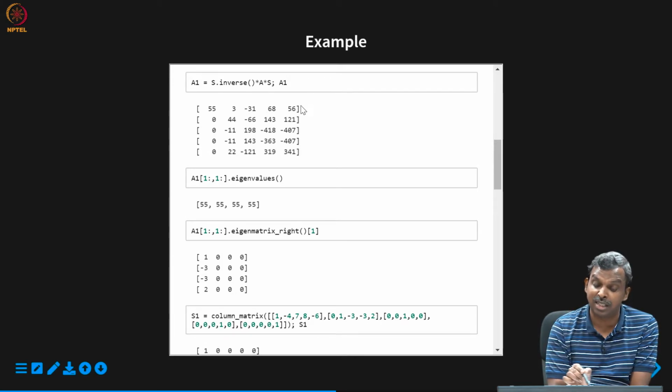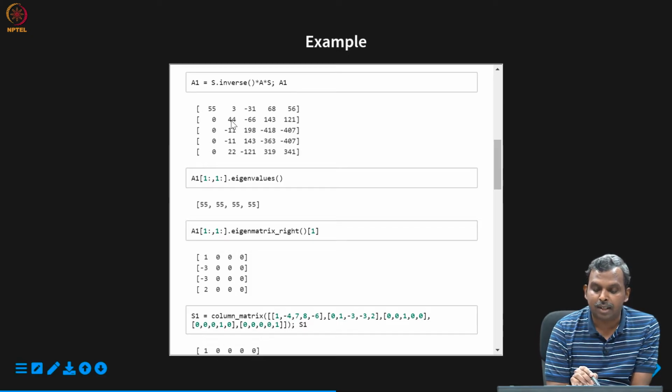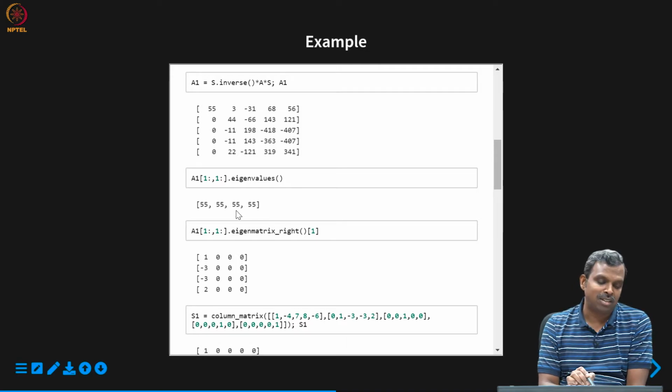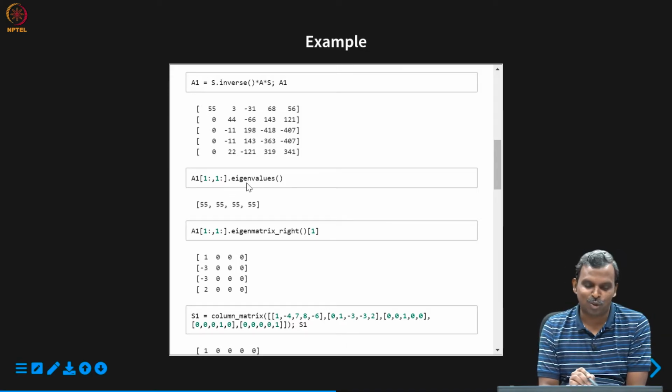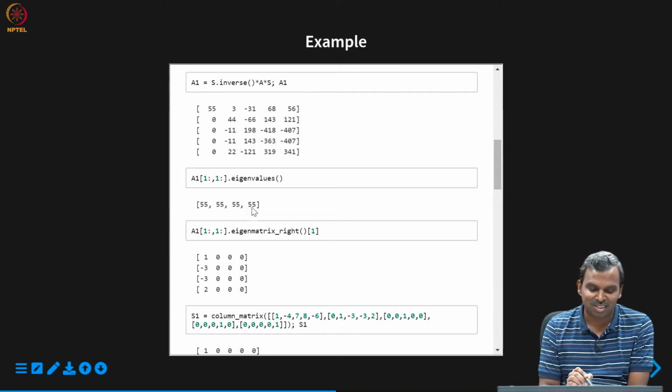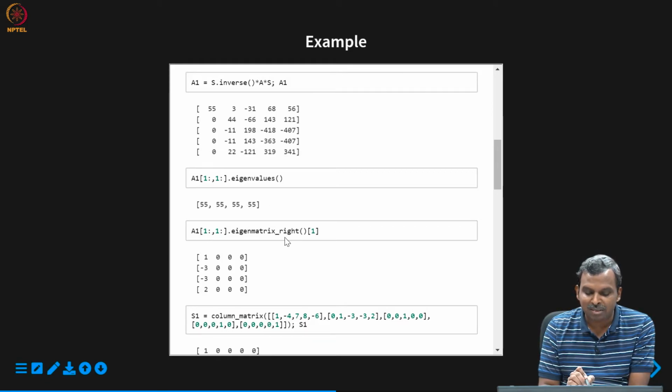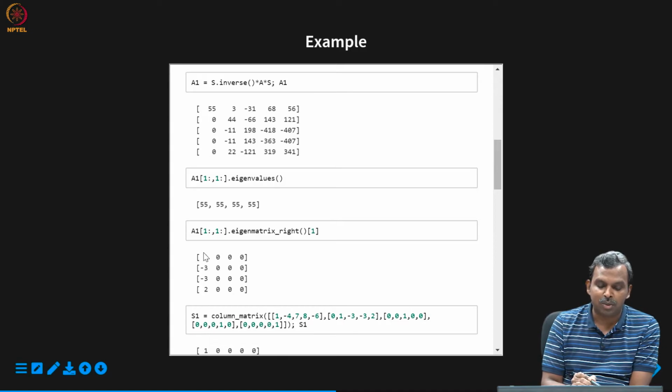The coordinates start from 0 in Sage Math. So 1 onwards for the x coordinate, 1 onwards for the y coordinate, rows and columns. So you get this bottom 4 by 4. Its eigenvalues, remarkably, are 55, 55, 55, 55. It's not very surprising because you know why it should work out like that.